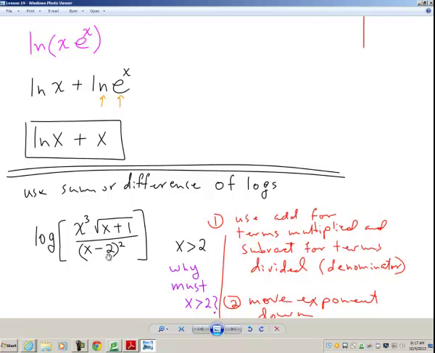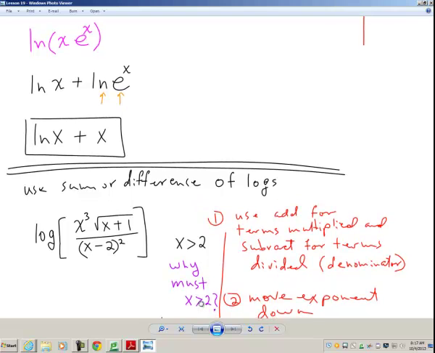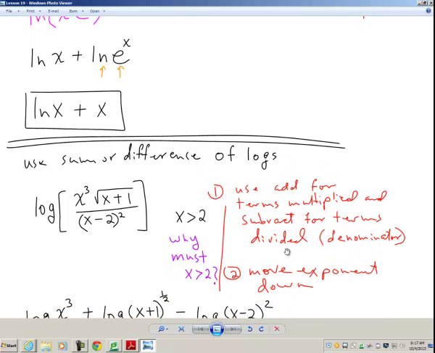A negative or 0, right? Cannot have, so anything less than 2 will produce a negative or a 0. We don't want that, especially in the denominator. So that's why x is greater than 2. All right, so use the addition for terms that are multiplied, subtract for terms that are divided. In other words, the terms in the denominator, they're going to get a minus out front.